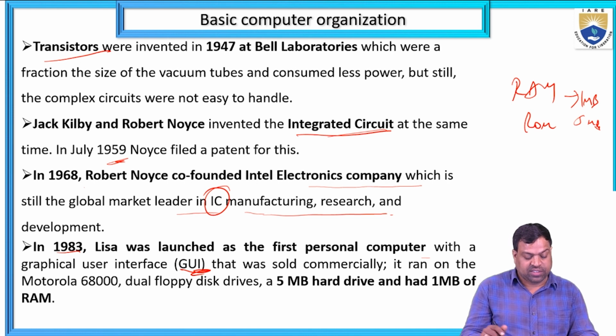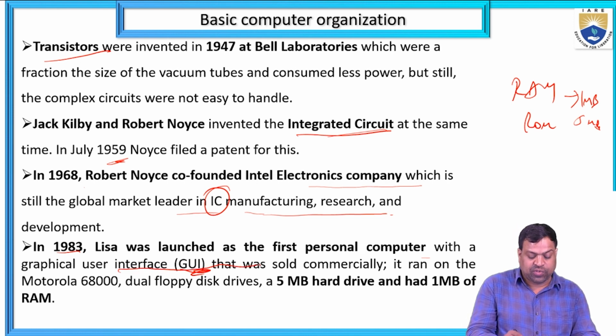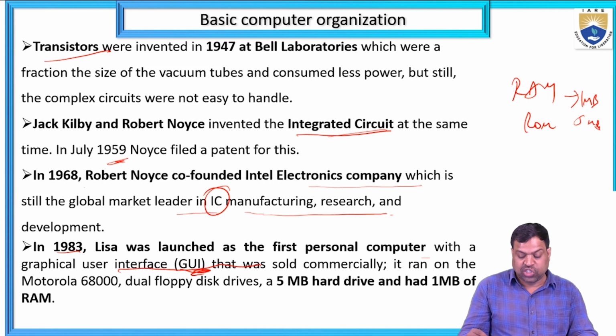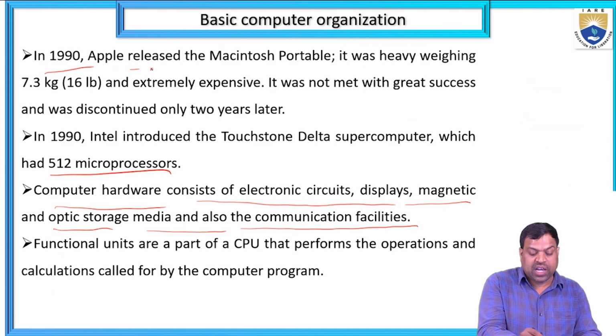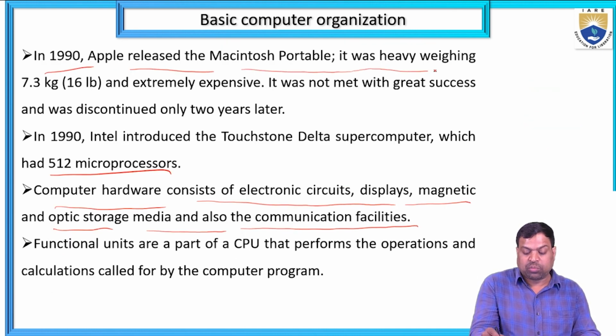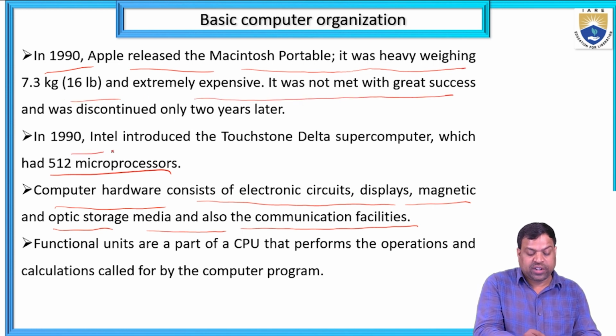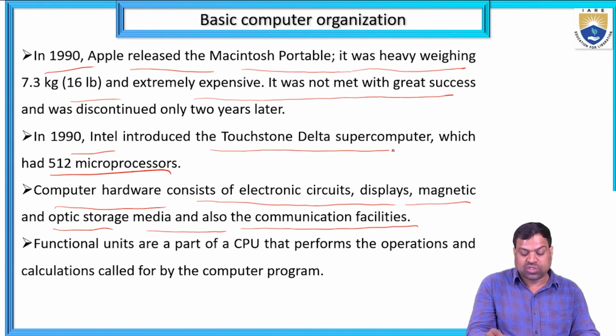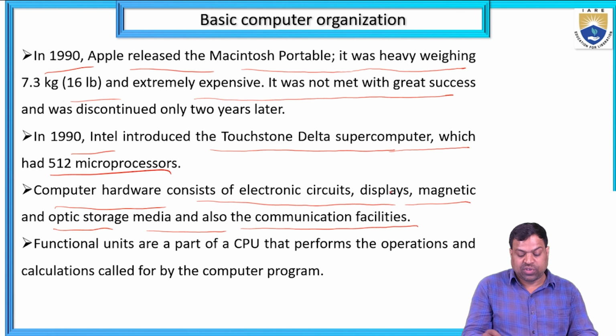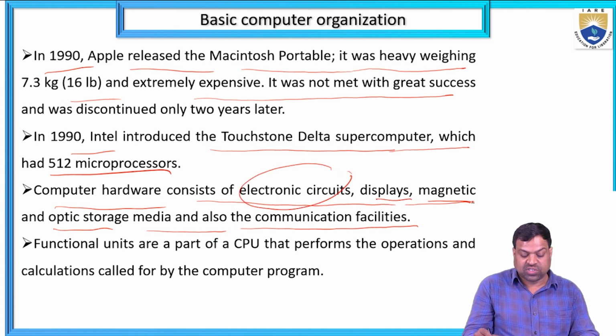In 1983, the graphical interface, GUI, was launched, and in 1990, Apple released a portable computer, heavyweight at 7.3 kg and expensive. Also in 1990, Intel introduced the Touchstone Delta supercomputer system. Computer hardware consists of electronic circuits, displays, magnetic and optical storage, and communication facilities.